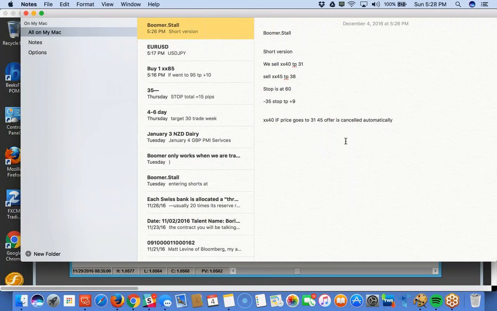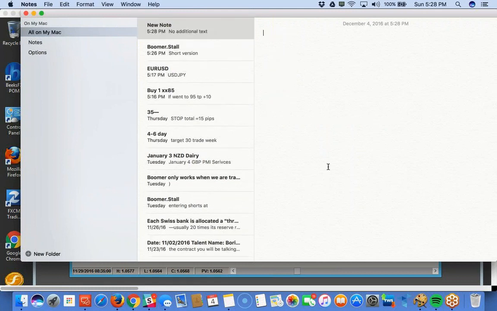But this is the key thing. What we're doing now is even more modified, even more refined, even more risk averse than what we were doing with the boomer classic.